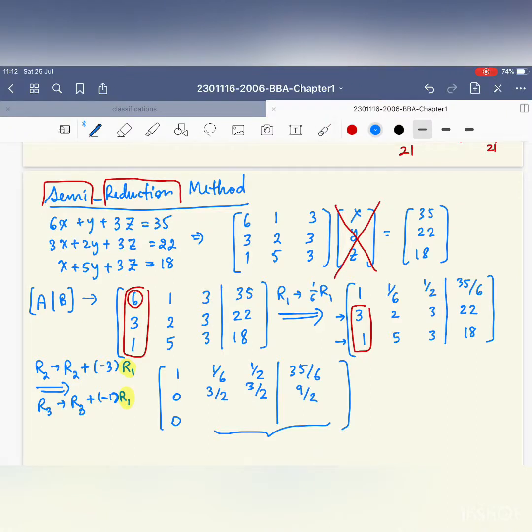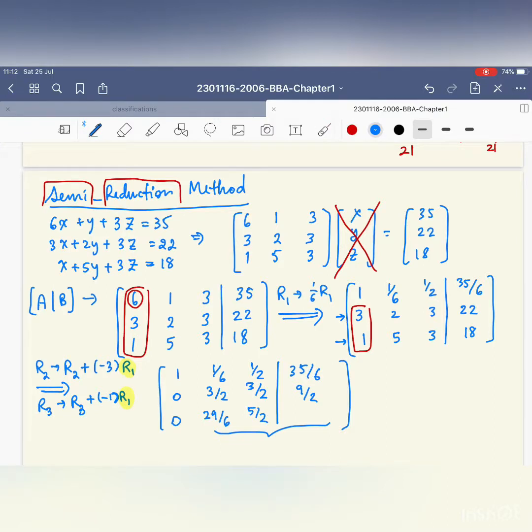And then this one is very simple because it is R3 minus R1. So your R3 is here, subtract your R1. This one is actually 30/6 minus 1/6, so 29/6 comes out. Here 3 minus 1/2: your 3 is actually 6/2 minus 1/2, so we have 5/2.